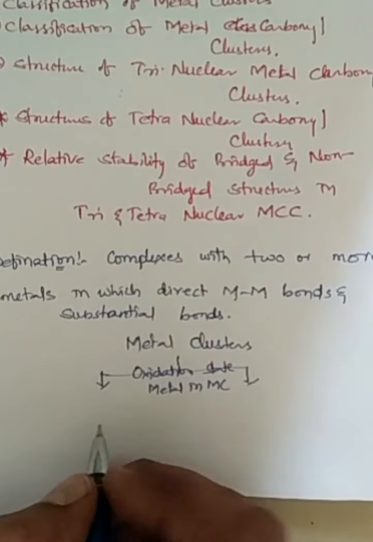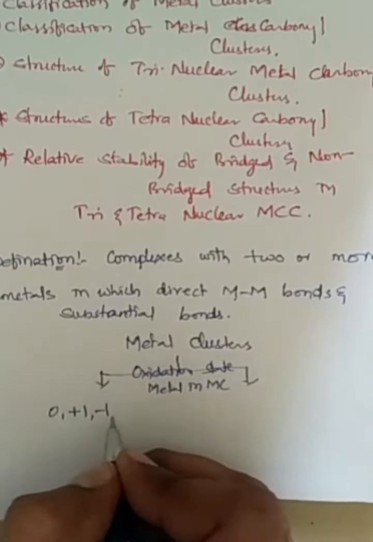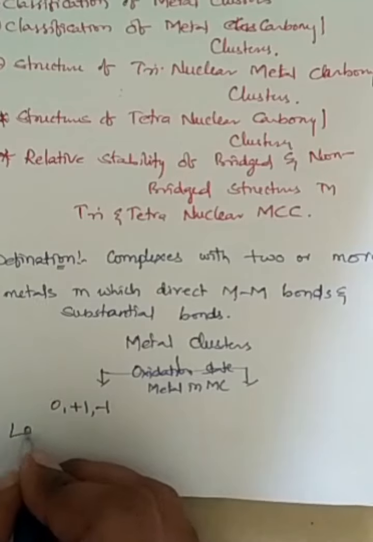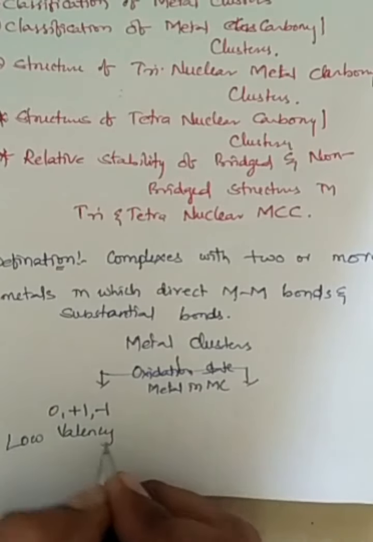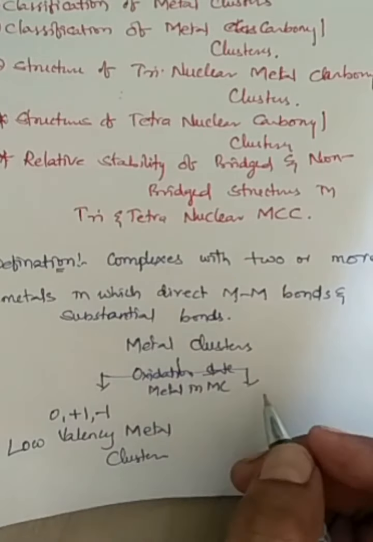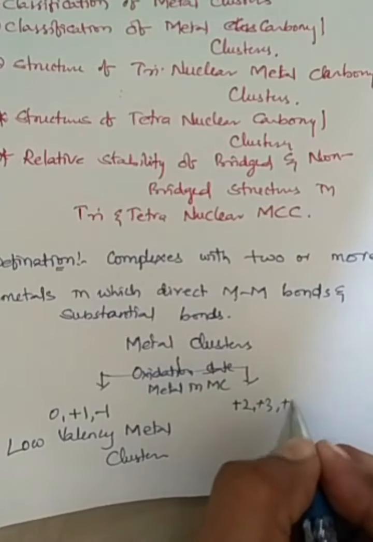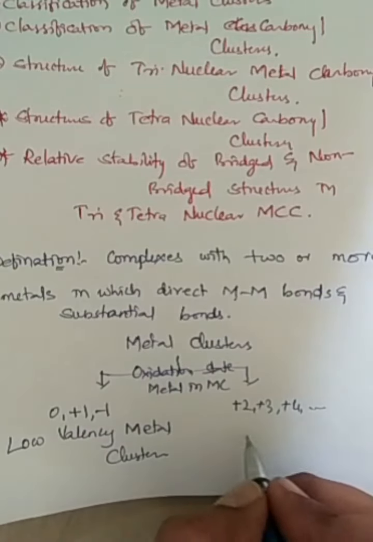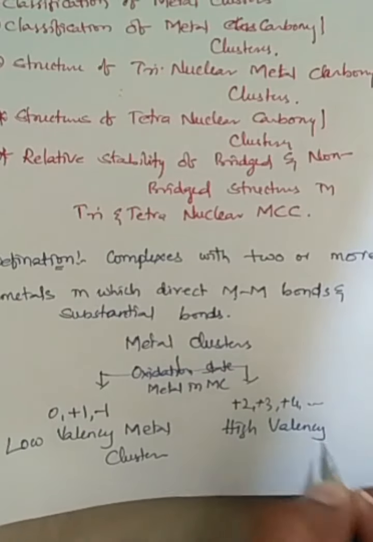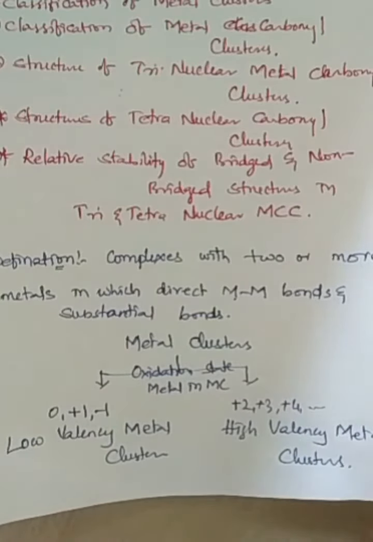When the metal oxidation state is very low, such as +1, 0, -1, those metal clusters are called low valency metal clusters. And metal clusters having higher oxidation states such as +2, +3, +4, and so on, are called high valency metal clusters, right?